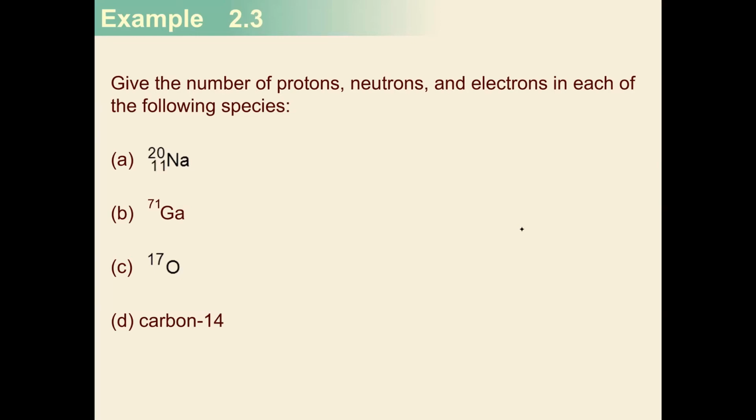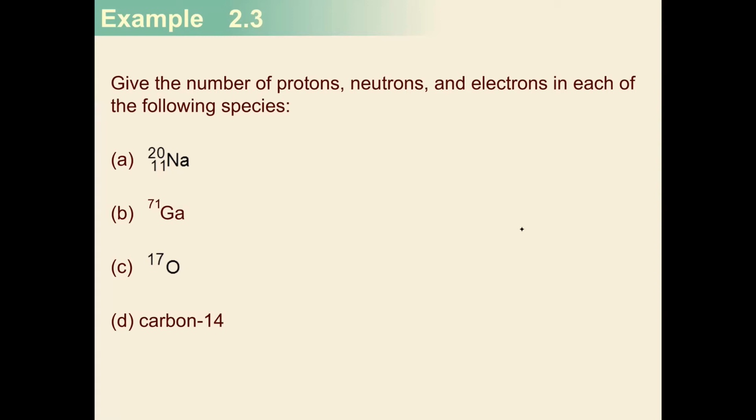Give the number of protons, neutrons, and electrons for each of the following species. So let's go ahead and look at our sodium-20. Notice that it says we have sodium, and also notice that we can put the atomic number 11 located down and to the left.